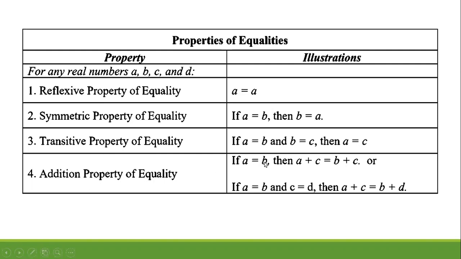If A equals B, then A plus C equals B plus C. Or if A equals B and C equals D, then A plus C equals B plus D. Kung ano po yung in-add natin sa left side, ganun din yung i-add natin sa right side to equate the equation. Okay? In this property, we add C in the left side and we add also C to the right side.